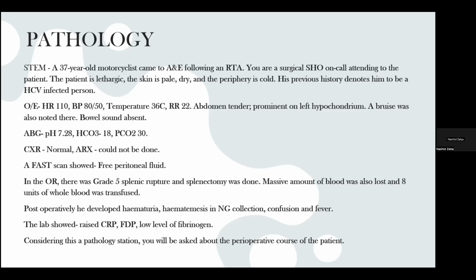Okay. And we can also consider what are the consequences of hepatitis C infection as the patient revealed the past history? Okay. There may be acute liver failure, or there may be liver cirrhosis, hepatocellular carcinoma, or portal hypertension.